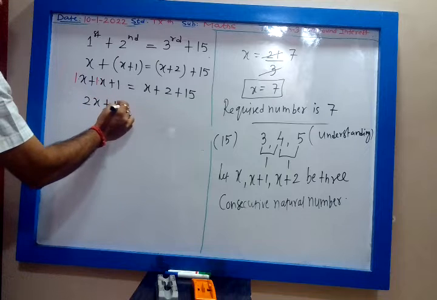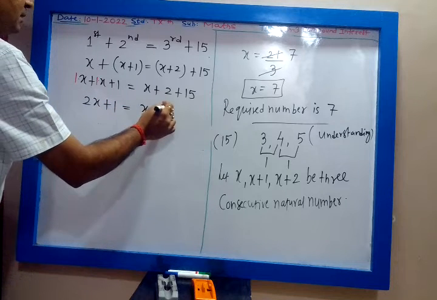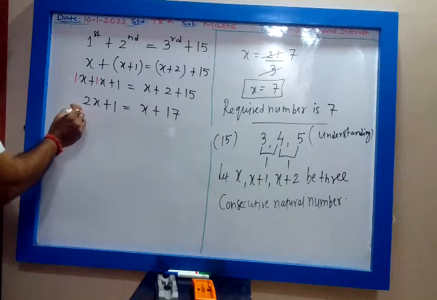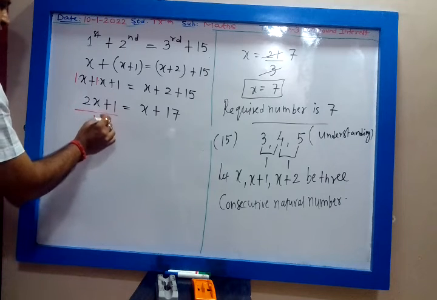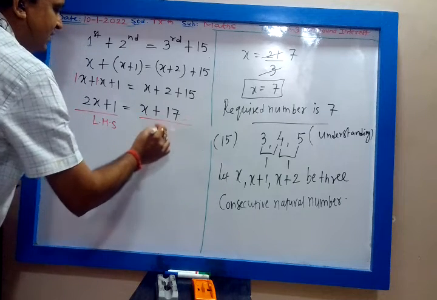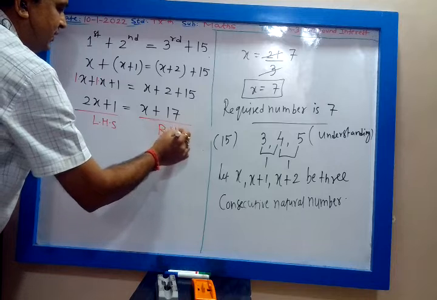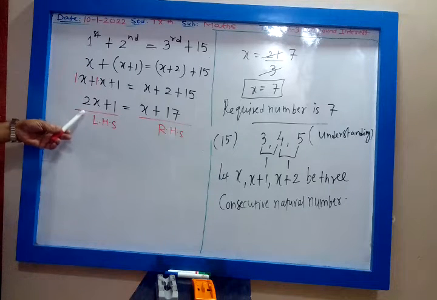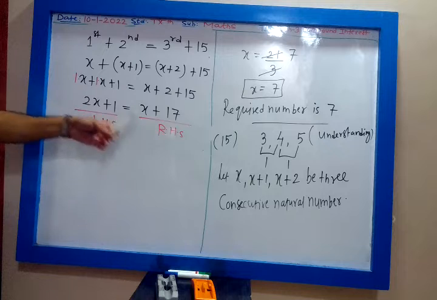So 2x plus 1 is equal to x plus 2 plus 15, which is 17. This is my left hand side and this is my right hand side.